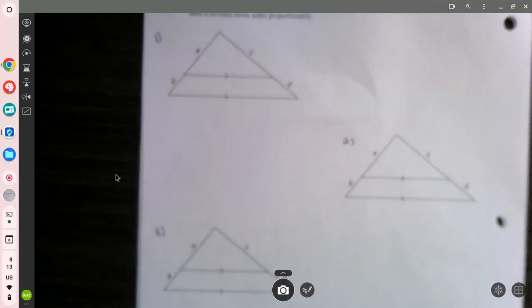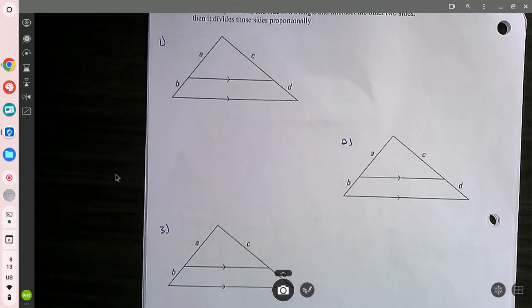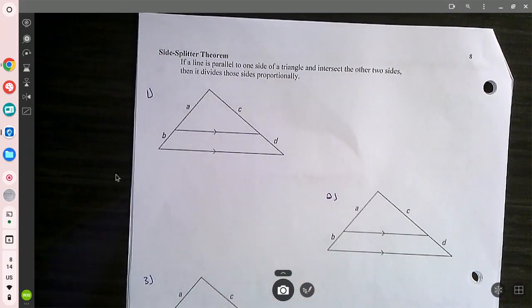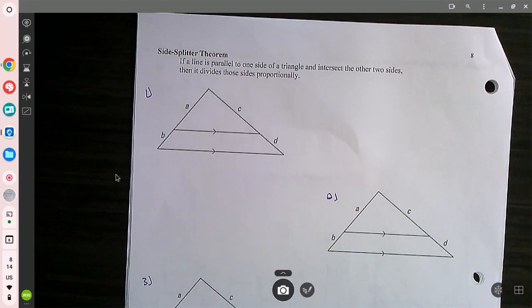What the side splitter theorem tells us is that if a line is parallel to one side of the triangle and intersects the other two sides, then it divides those sides proportionally. This in its idea is simply a dilation, right?